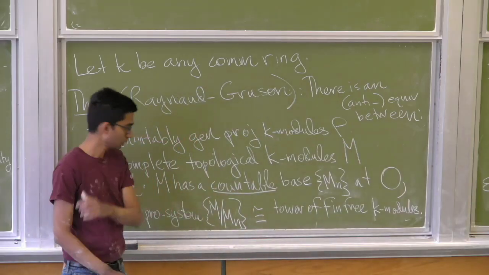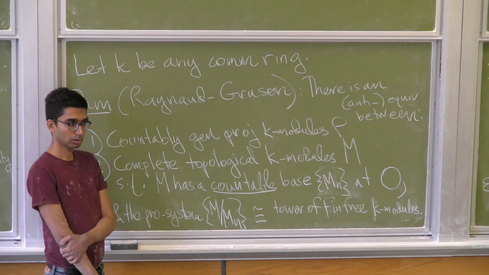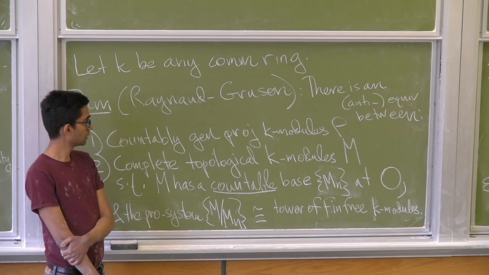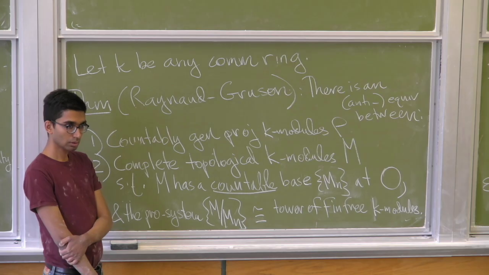Excuse me. And suppose that you start with just your projective module which is finitely generated itself. Then here you will get just one projective module. Yes, it's dual. And why would it be a tower of free?